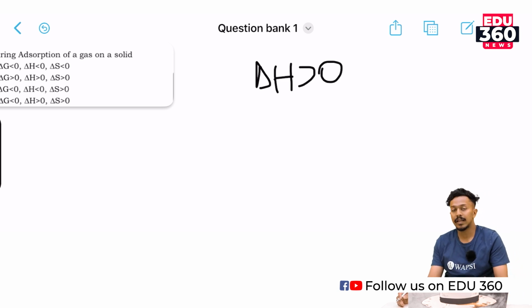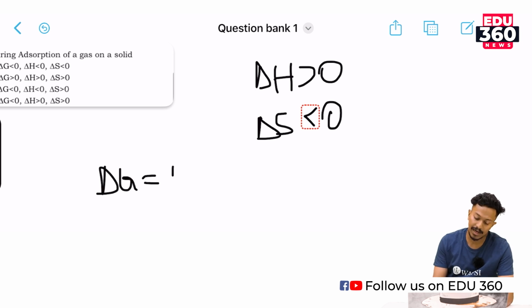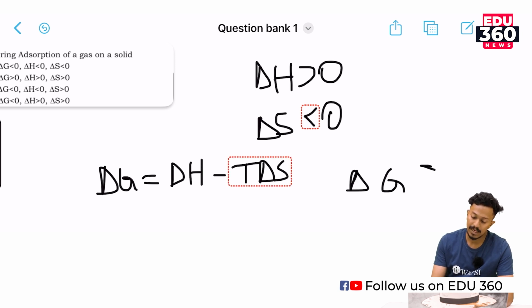Okay, when a gas resides on the surface of a solid, it does not vibrate, or it reduces its irregularity. So delta S, the entropy of the system, will become negative. Well, delta G is given by delta H minus T delta S, right? So delta G is also less than 0.